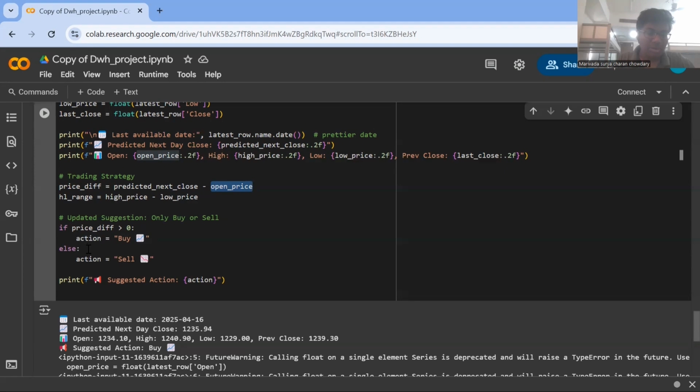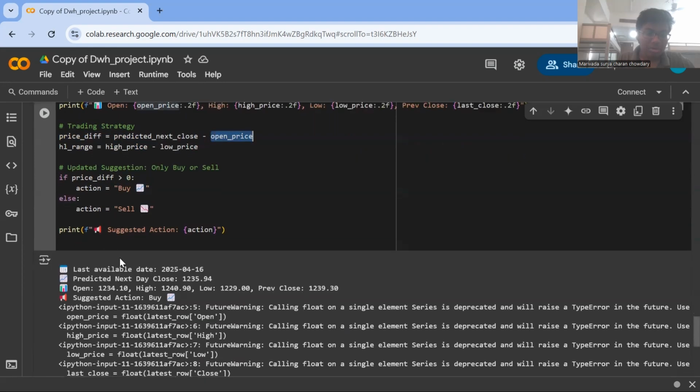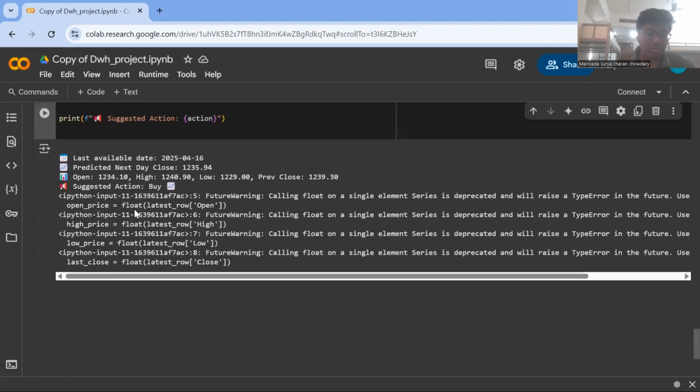And if it is not like that, we have to sell the stock. You can see these are the outputs: the next day's closing price is 1235 and today's opening price is 1234. That means the next day's closing price is more, so we have to buy that particular stock. Thank you.